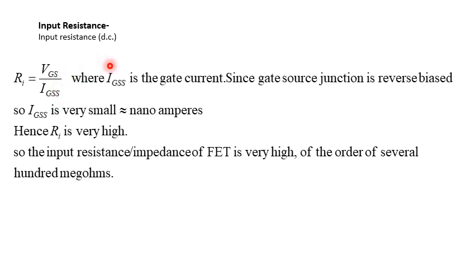As IGSS is a gate current and the gate-source junction is always reverse biased, IGSS is a reverse current and it is very small, of the order of nanoamperes. So when IGSS is very small, naturally the input resistance of a FET is very large, of the order of several hundred mega ohms.